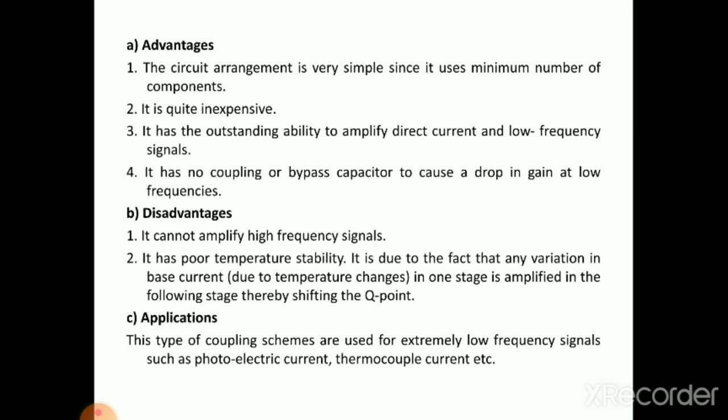Though we use complementary transistors, the temperature stability is limited. It is due to the fact that any variation in input base current, due to temperature changes in one stage.